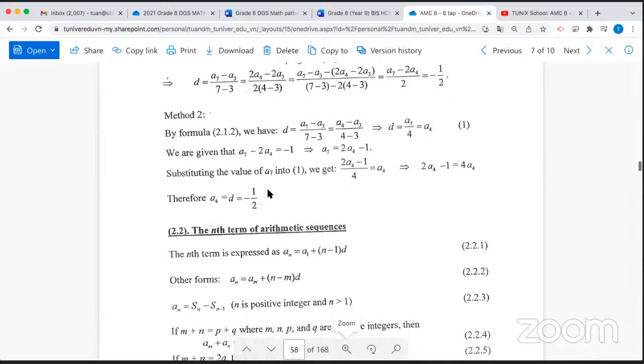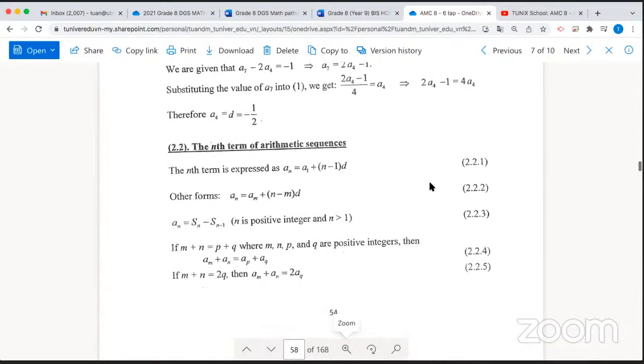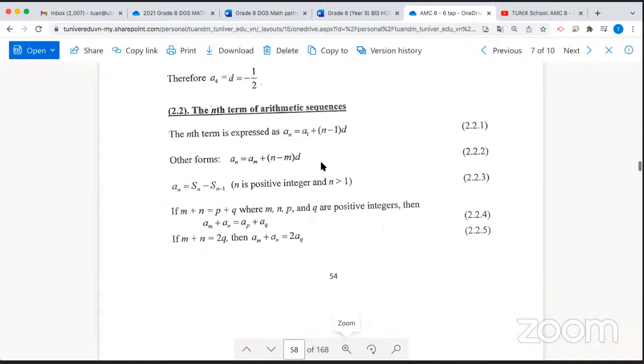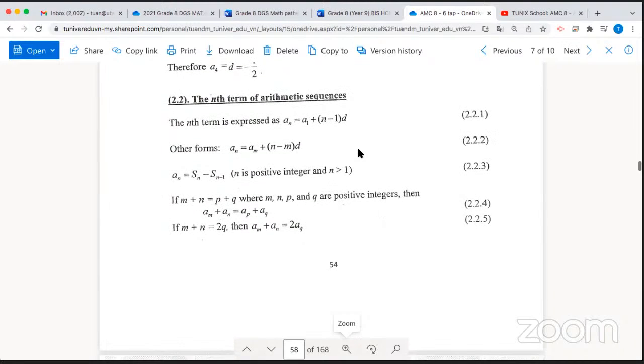And then for the next example, look at this one. For the nth term, for the first one, you can understand, right? But for the second one, do you understand this one or not? Part 2.2.2. How to find the formula?